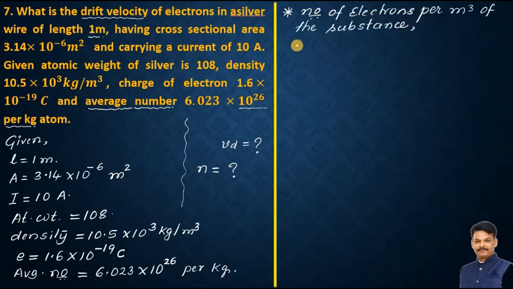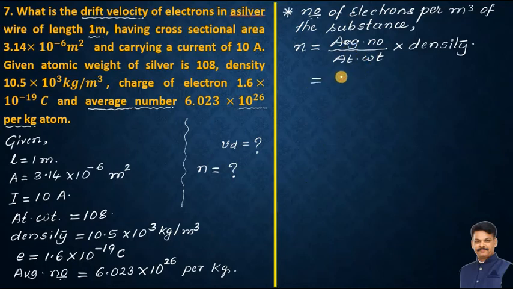What is this number of electrons per meter cube of the substance? It is given by a formula, that is N is equal to the average number, or even you can call it the Avogadro number, divided by its atomic weight, into its density. This is the formula used to find the number of electrons per meter cube of the substance.